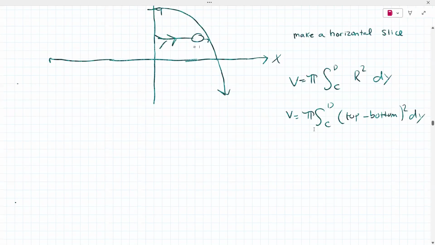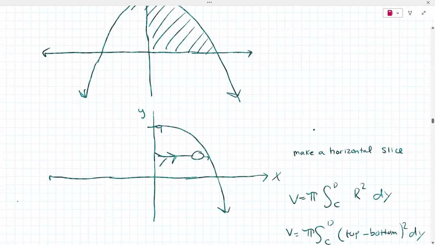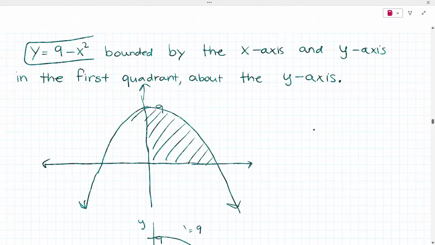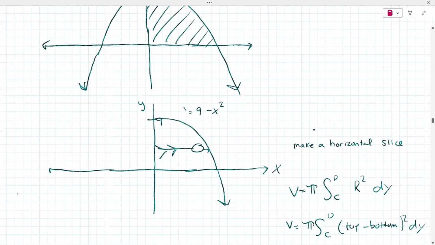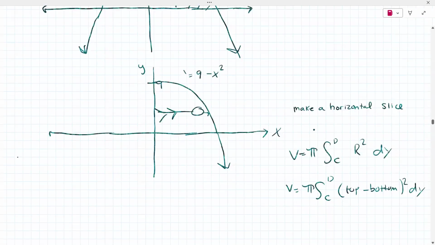But be warned, this curve here, it's y equals 9 minus x squared, right? But if we're doing it horizontally, that means everything has to be in terms of y, right? So we kind of have to solve this right here. We're going to have to solve it for x. So solve for x, we want it in terms of y.